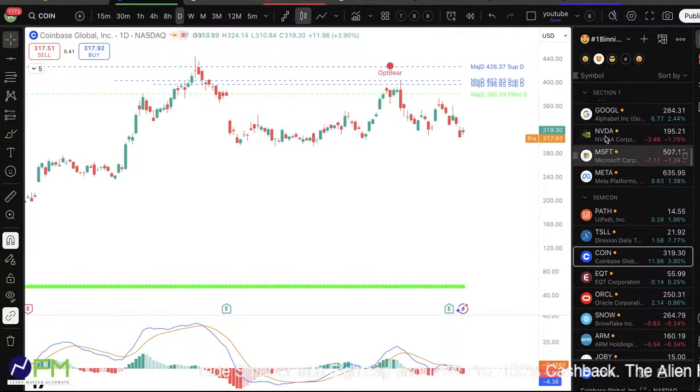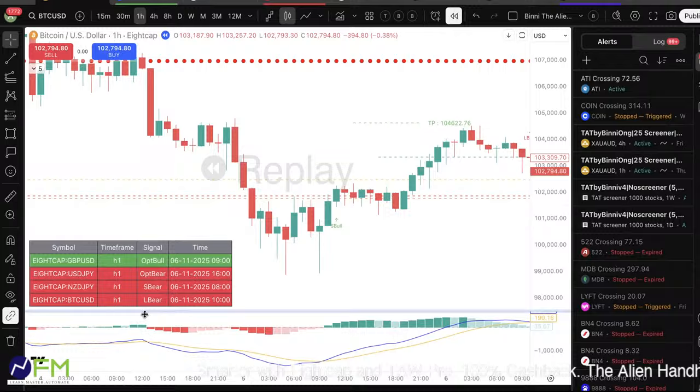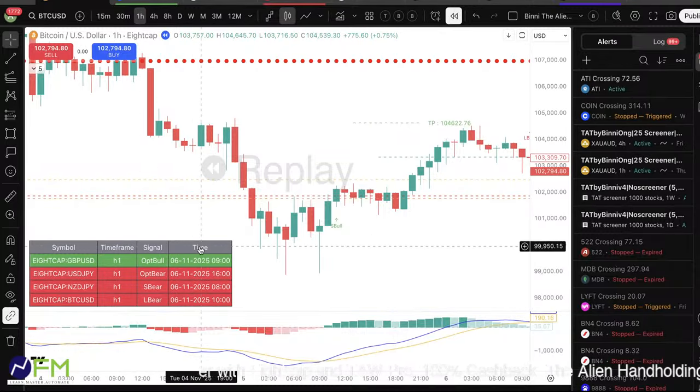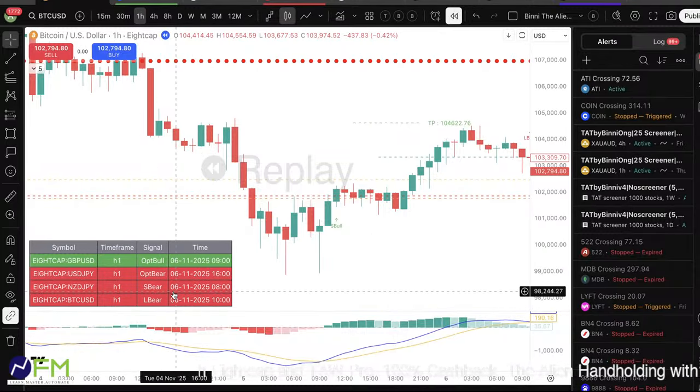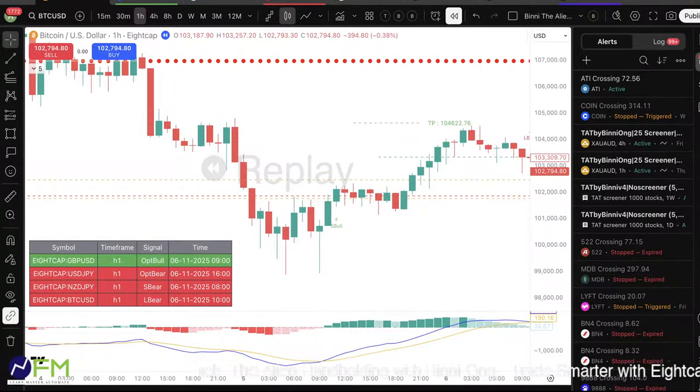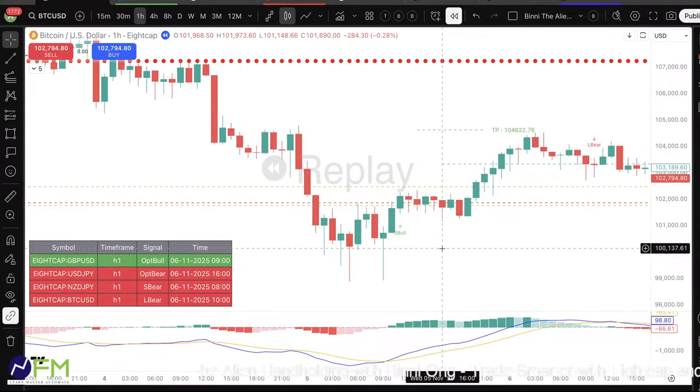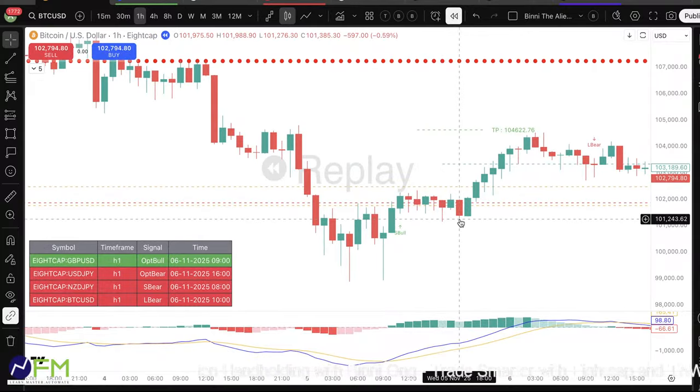You can use our own scanner here with the basic plan, but as I mentioned, the basic plan only allows you 50 symbols. But if you have the essential plan or slightly higher plans, then you can get a lot more symbols, so you don't need to be restricted to just 50 symbols.